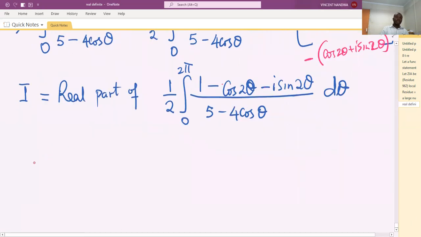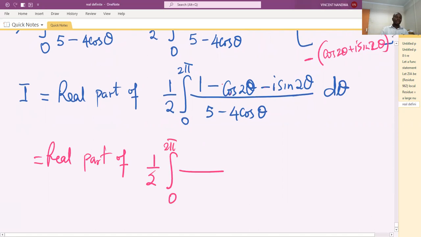So this would be the same as the real part of 1/2 integral from 0 to 2 pi. And then you can write the numerator as 1 minus, in exponential form, e raised to the power 2i theta, divided by 5 minus 4 cosine of theta, d theta.